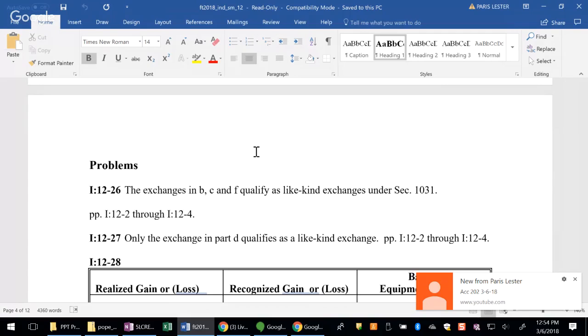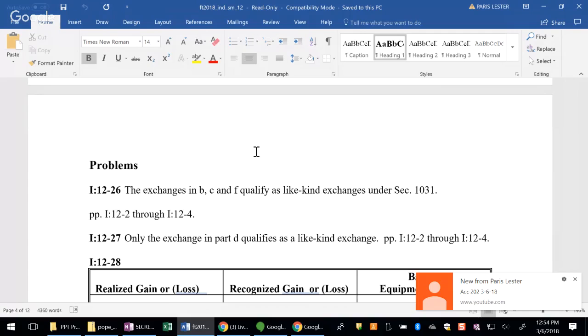Okay, and the basis is still 20,000, and the holding period is still the same. Now, 45,000, we received 70 plus 14. That is 84 minus 45. So how much of a realized gain did we have on the second one there?